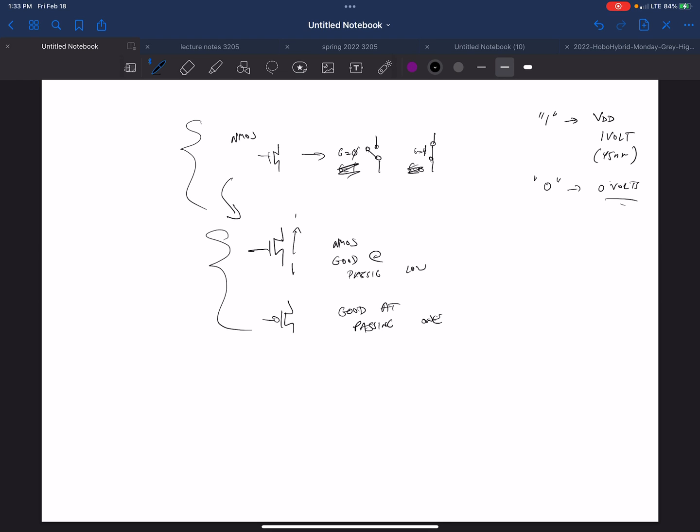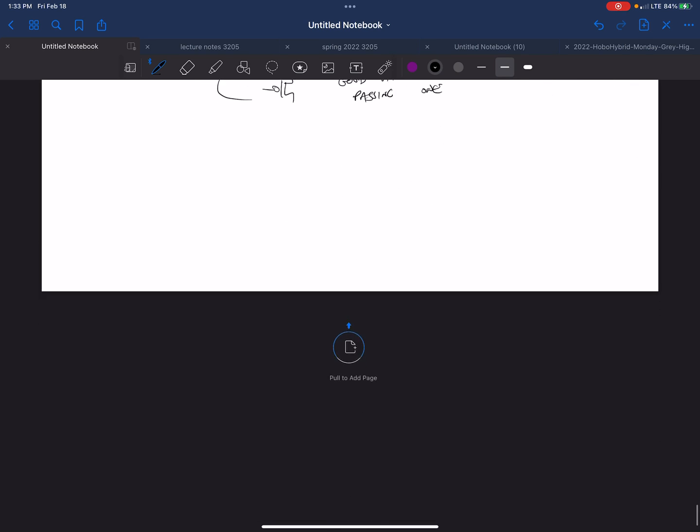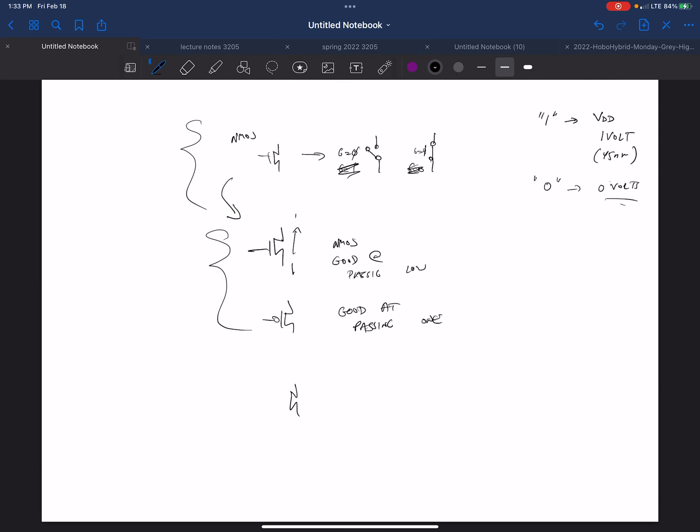So, a simple switch, then a switch that is better at passing a certain range of voltages than another. The next degree of abstraction is thinking of a MOSFET as a switch with a resistance and some capacitances.